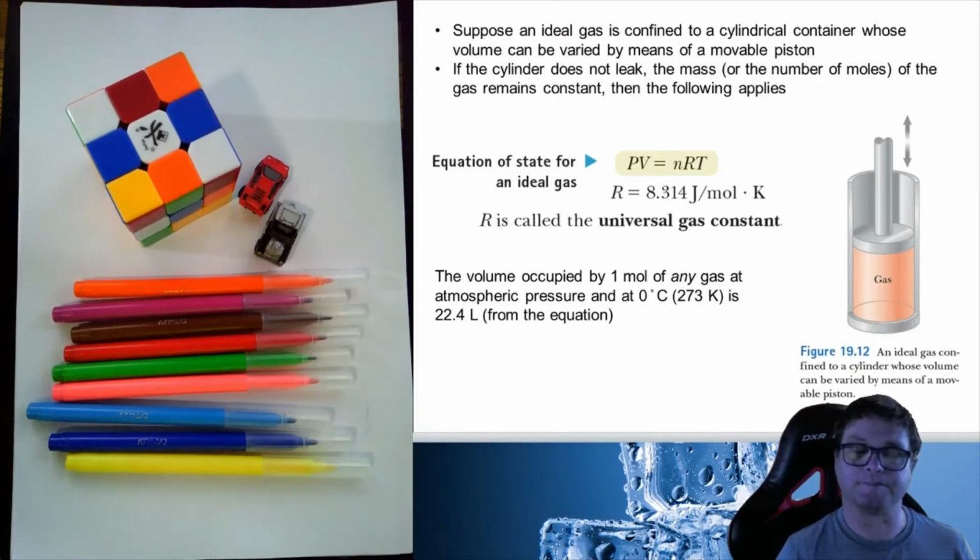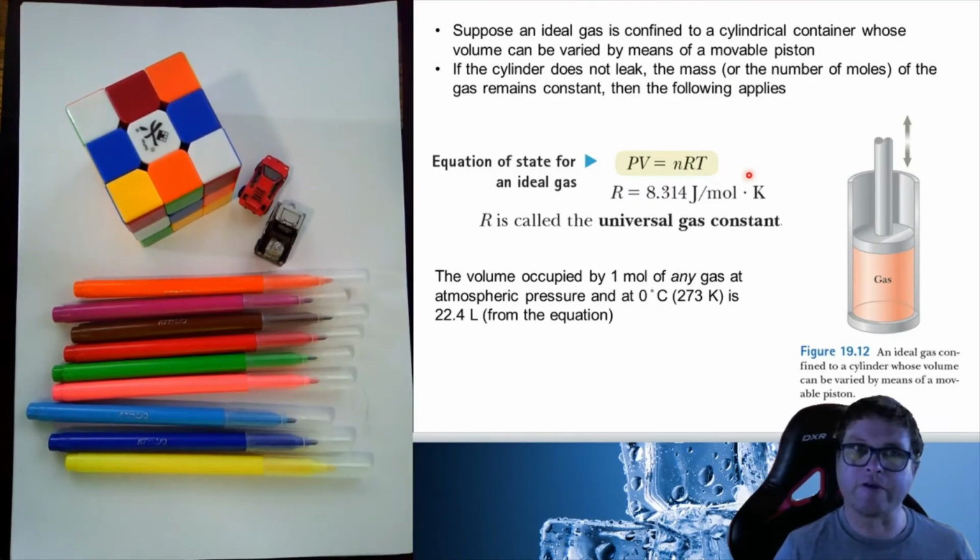Returning then to the ideal gas law, suppose an ideal gas is confined to a cylindrical container whose volume can be varied by means of a movable piston. If the cylinder does not leak, the mass of the gas, or the number of moles in here, will remain constant.